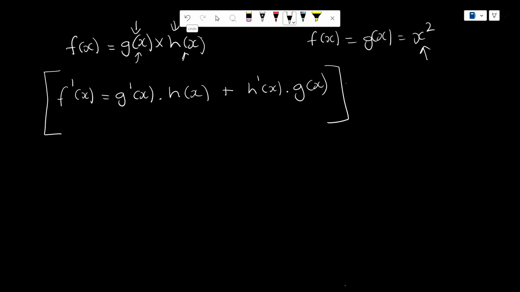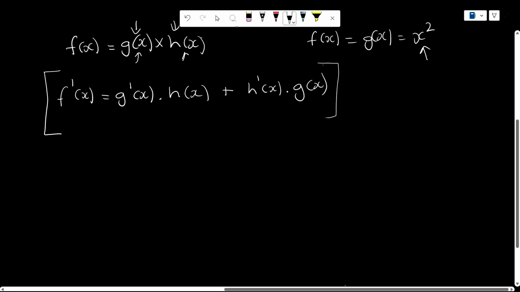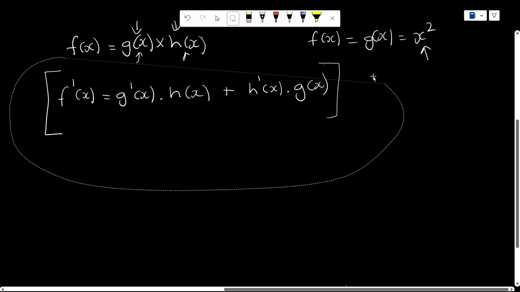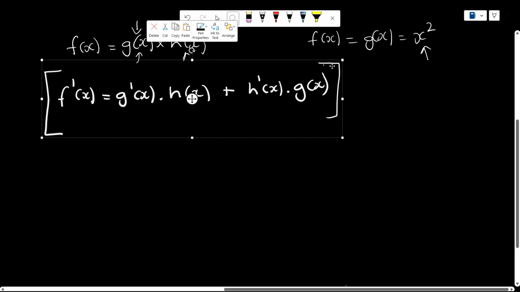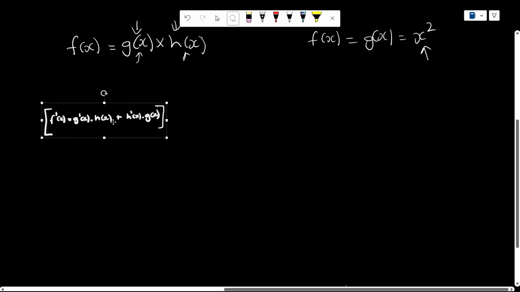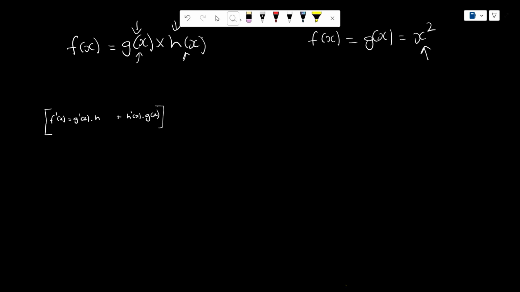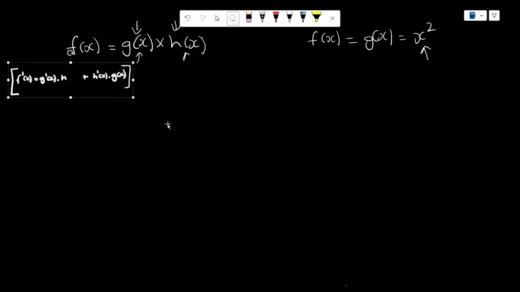Okay, now that you know this formula, let's put it there.